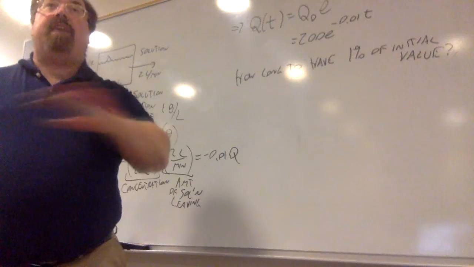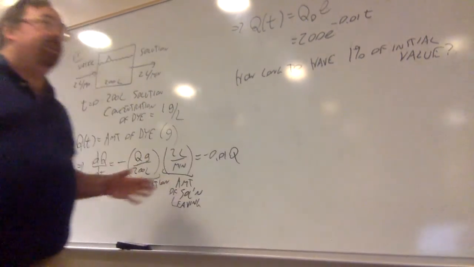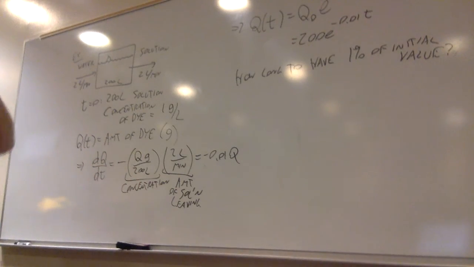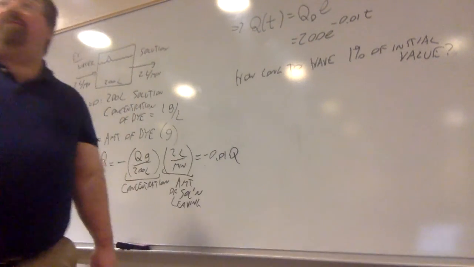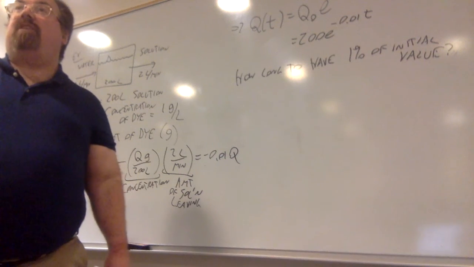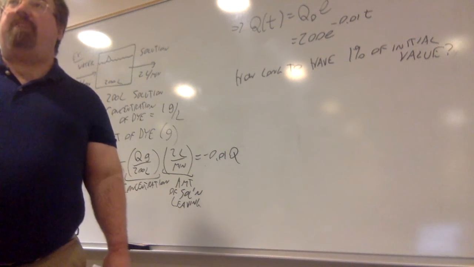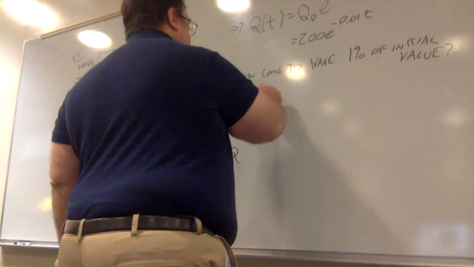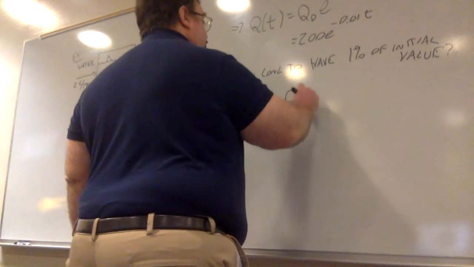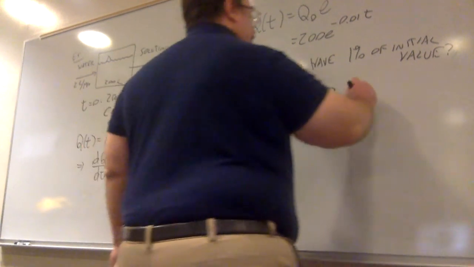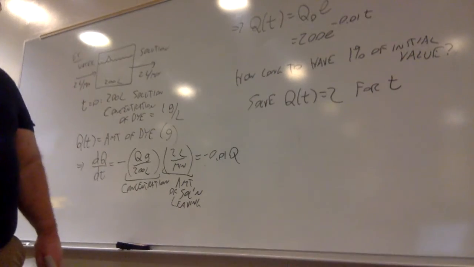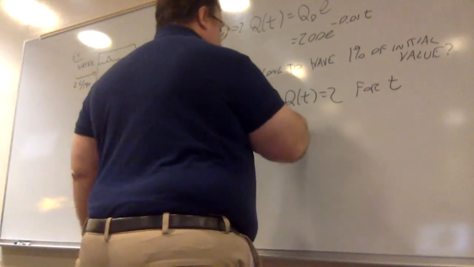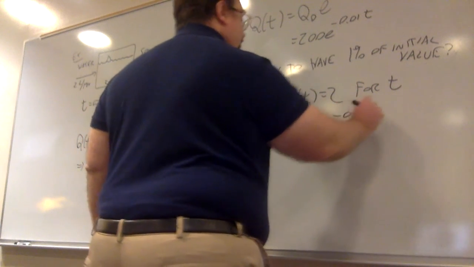The solution will never, ever be completely free of dye. It'll just have an incredibly small amount if you wait long enough. So, since there's 200 grams of dye initially, you want to find out how long it takes for there to be 1% of that. So 2 grams. Q of t is equal to 2, solve for t. So if we have 2 equals 200 e to the minus 0.01 t.